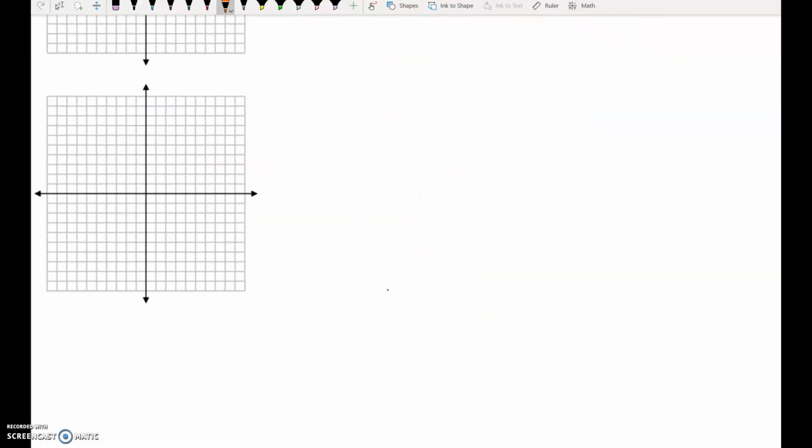Okay, let's do one more. This time we're going to do 2x minus 3y is less than 6. So first we have to get y by itself. We would subtract 2x on both sides.